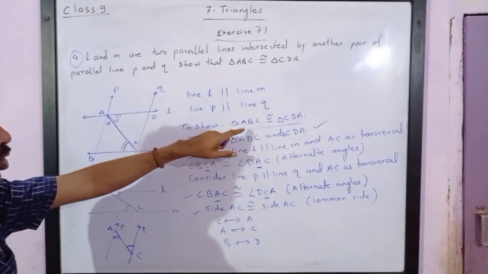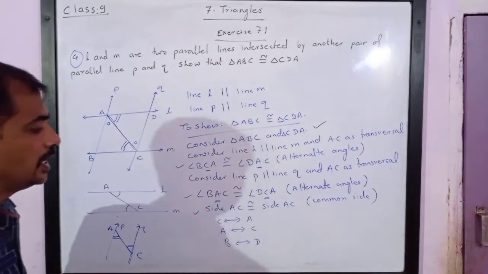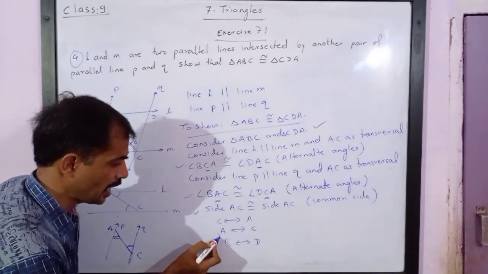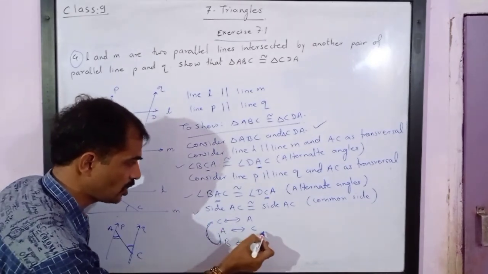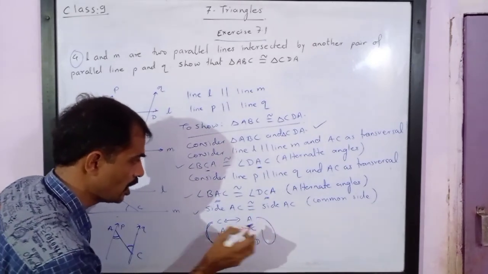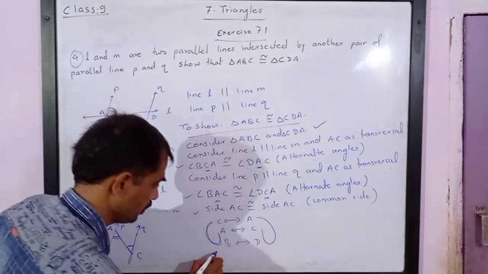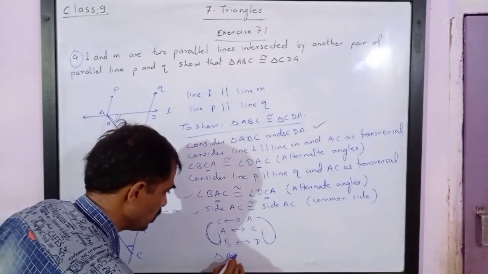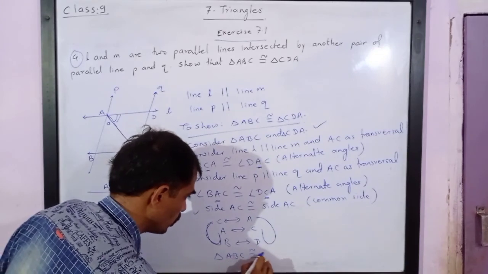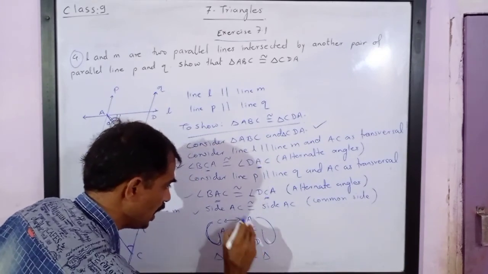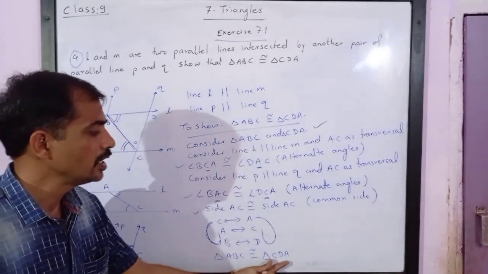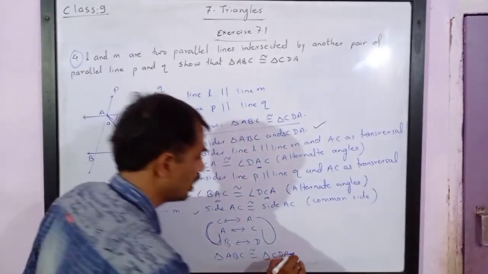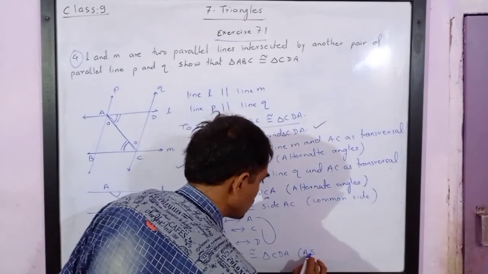But we were asked to show ABC congruent to CDA. ABC means start from second, third and first. So we will get triangle ABC congruent to triangle CDA. And we know the reason for their congruency is angle side angle.